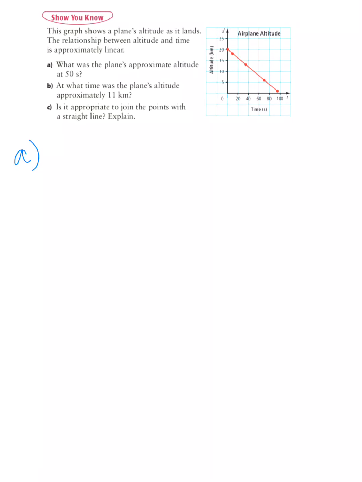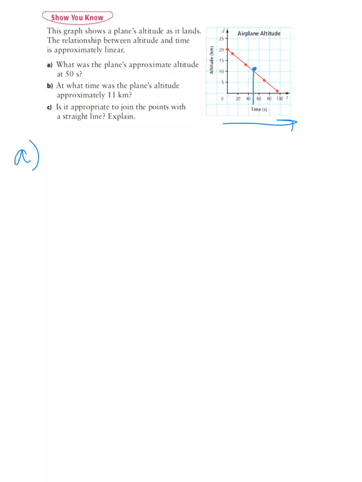Okay, so let's see here. Time is on the bottom. So when time is at 50 seconds, okay, we see this dot. So when time is at 50 seconds, it's between 40 and 60, right? So it's right here somewhere.